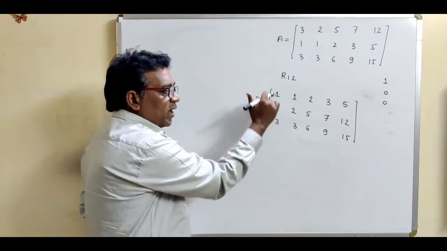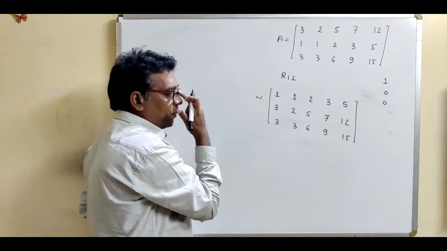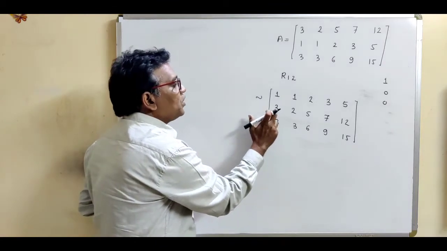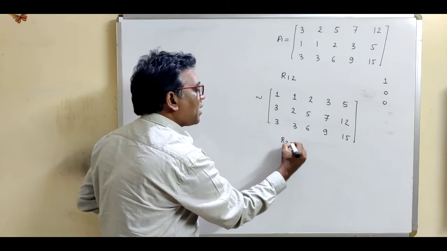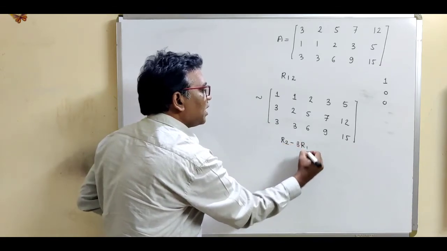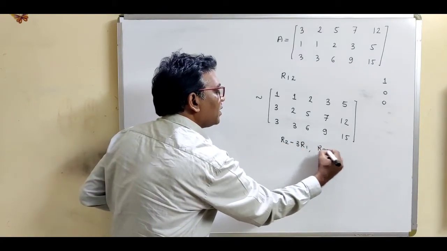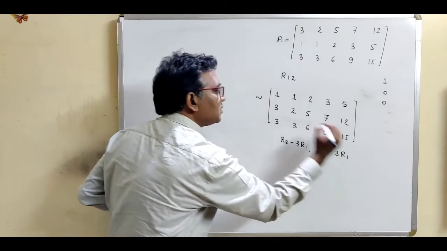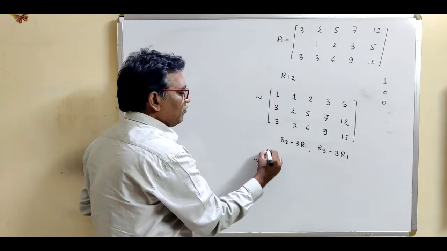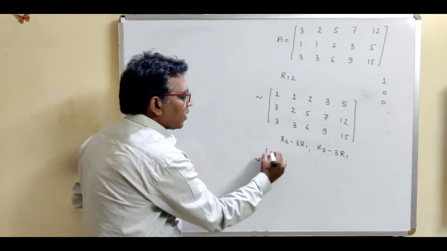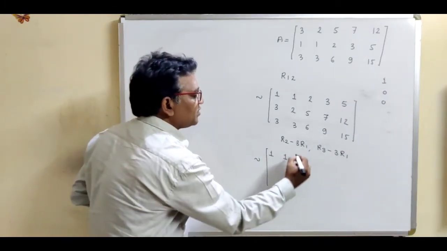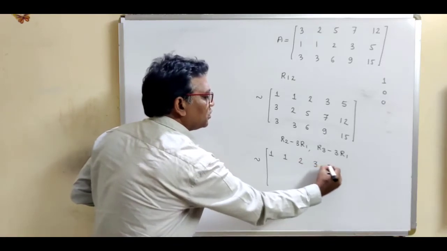For the lower elements, we have to use the row operation. So how to reduce these elements into 0? We use these elementary operations: R2 minus 3R1 and R3 minus 3R1. So write down the equivalent matrix. This is the equivalent matrix. The first row as it is: 1, 1, 2, 3, 5.